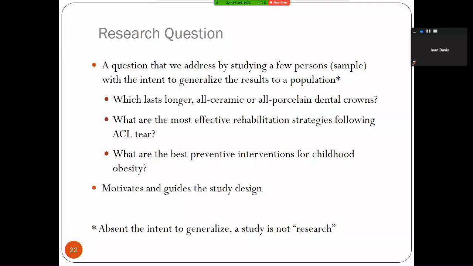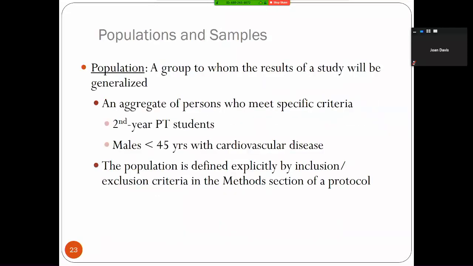So that's where inferential statistics kick in. So we have a population to whom we want to generalize. That's defined by the inclusion-exclusion criteria in our protocol. So, for example, males under 45 with cardiovascular disease.